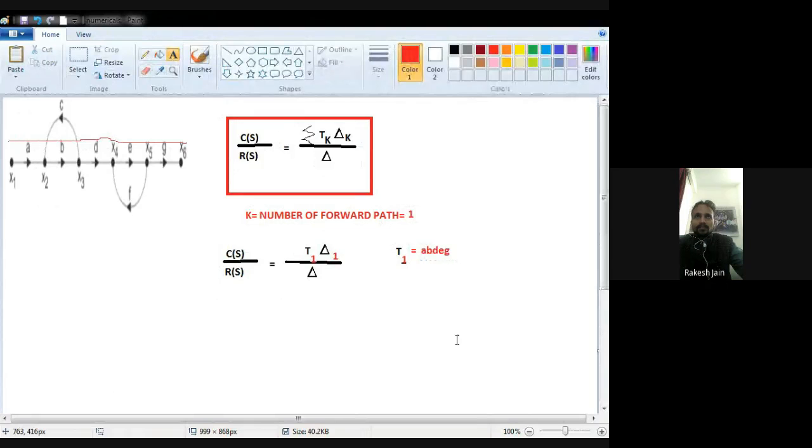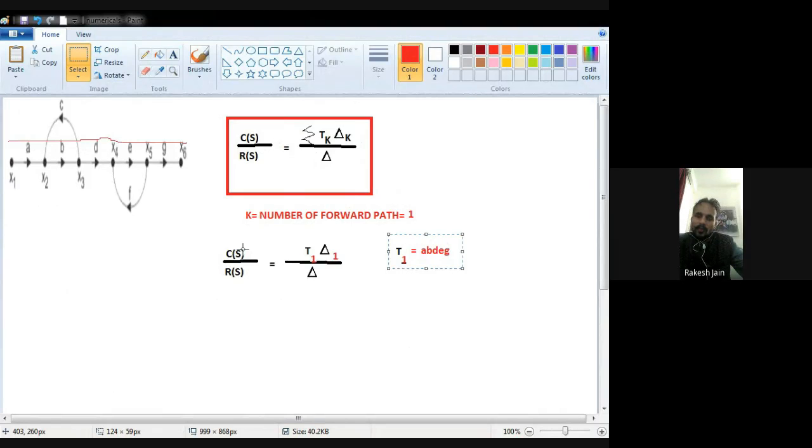Now what is my next step? Step by step we solve every question. First of all, on seeing the numerical, you should know the formula. Then the next step is to find out the number of forward paths. Then on the basis of the number of forward paths, in the next step convert your formula on the basis of K. Only one is there, K is equal to 1 here.